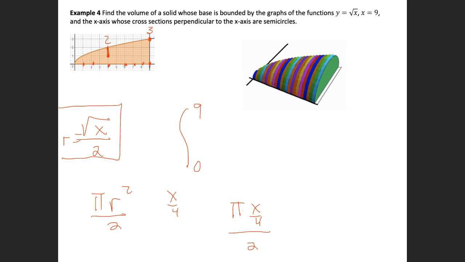That is the area of one semicircle. And I could write this as x pi over 8 if I wanted to. You have to be able to find the area of one object. If you can't find the area of one, you can never find these problems.